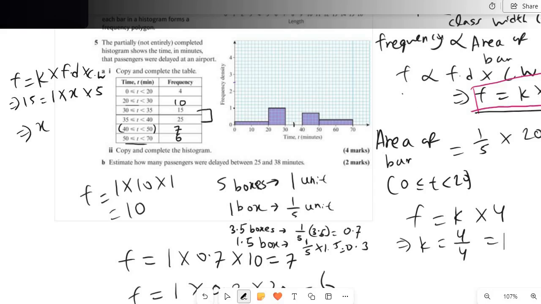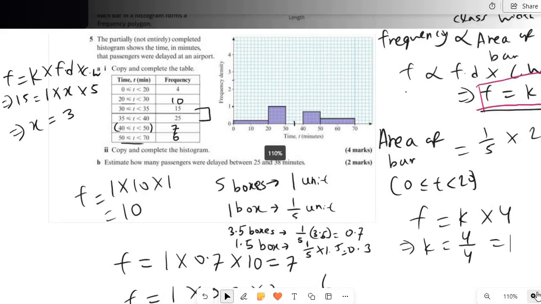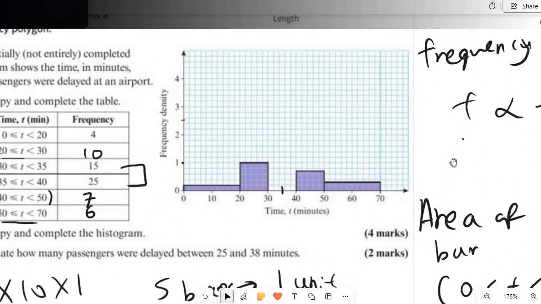So we can find the value of X being equal to 15 by 5, which is 3. So the frequency density for the first one is going to be 3.